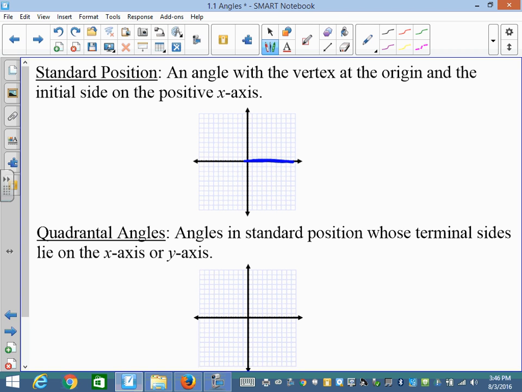The blue is always here. This is my initial side. And then the red is going to be whatever the angle is. So this would be an angle in standard position.